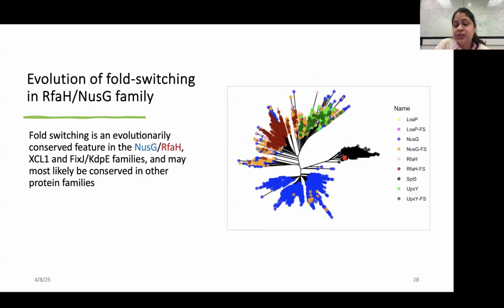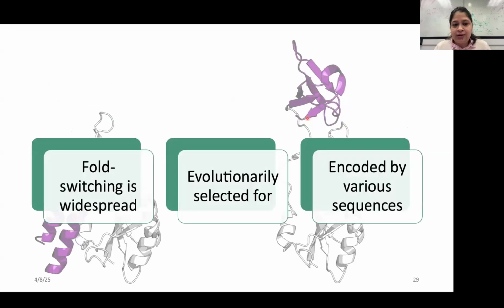If that is true, this is a very unique way fold switching has evolved in this family, which means that it evolves at various points of the tree. And you can have a clade where you have both fold switchers and non-fold switchers, which is also very exciting. It is quite different from what we have seen for lymphotactin as well as the bacterial response regulator.